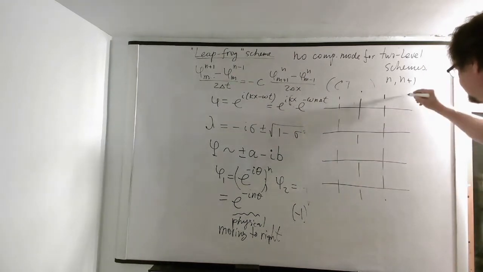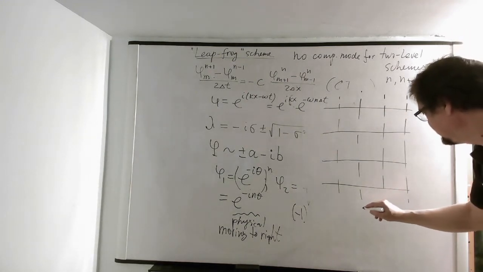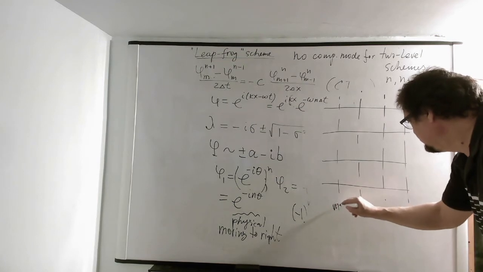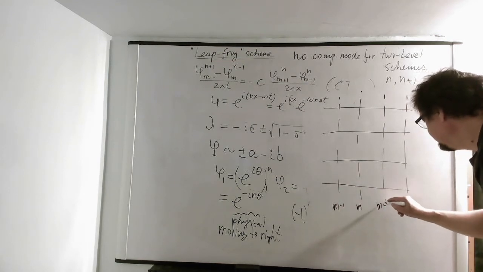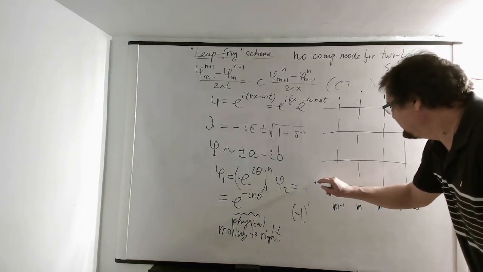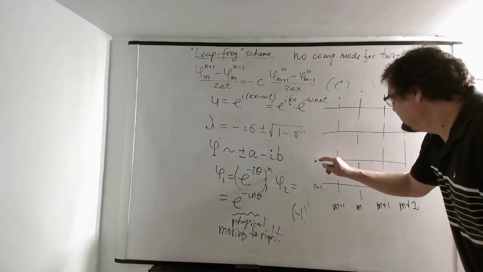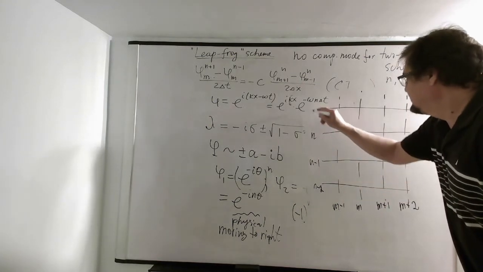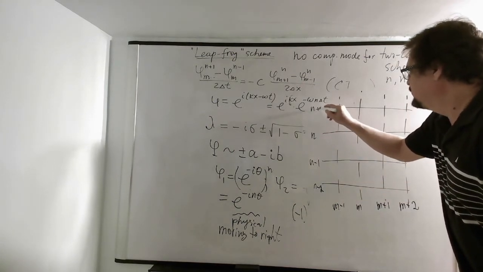So let's consider 2 cycles of that scheme. So we have m minus 1, m plus 1, m plus 2. Here we have n minus 1, or n minus 2, n minus 1, n plus 1.